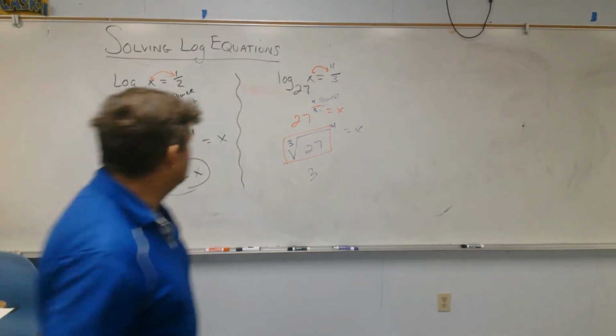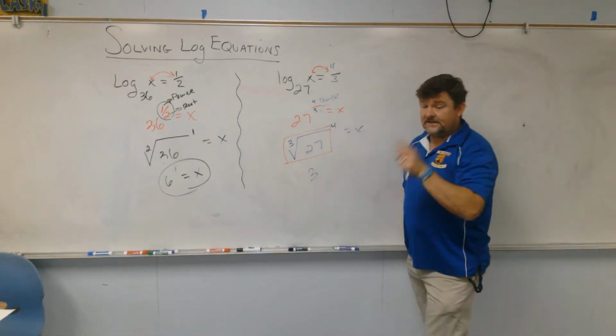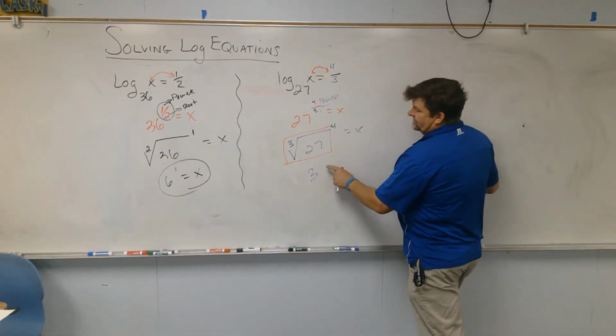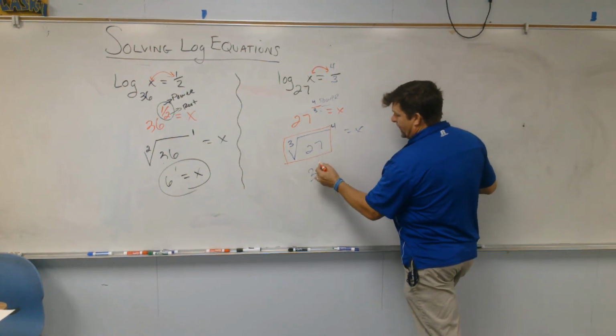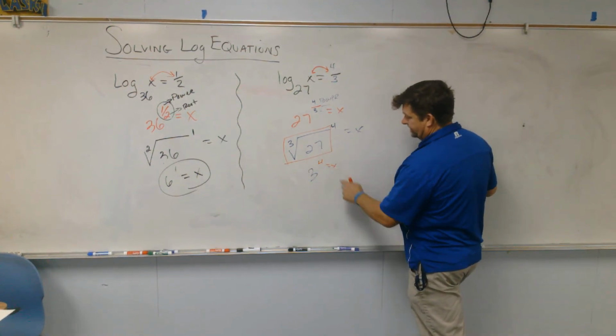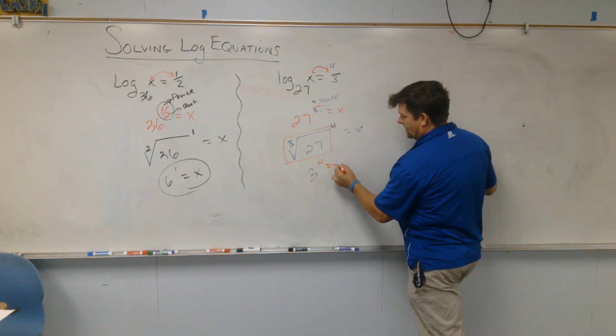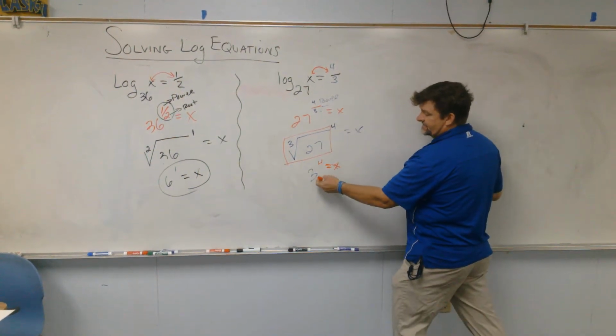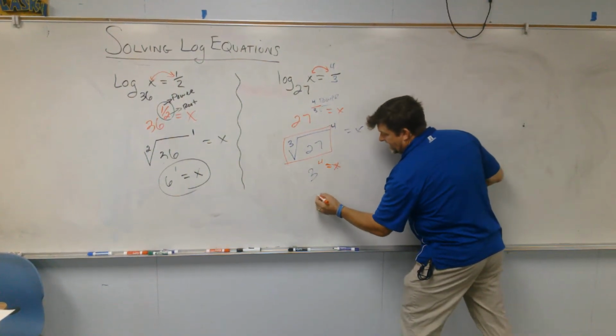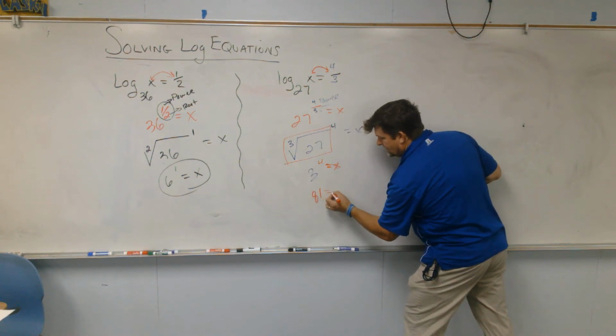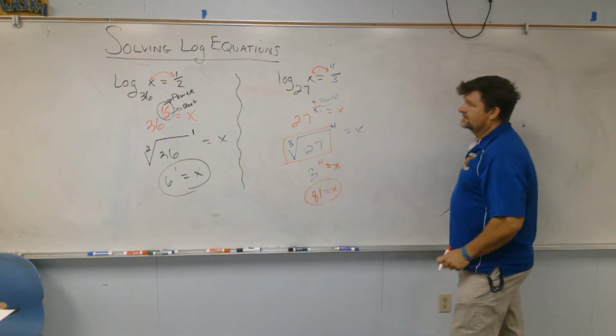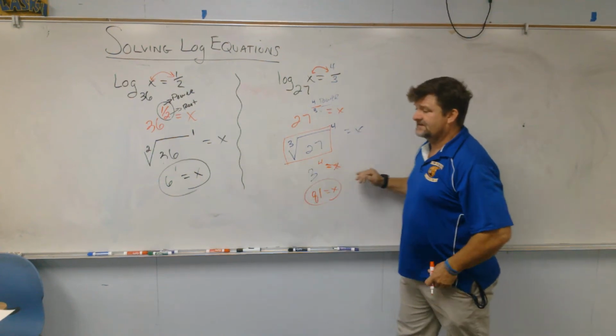This is not number 8. It's like number 8. Okay? So 3 to the 4th power equals x. Now, what's 3 times 3 times 3 times 3? It's going to be 81 equals x. That's my answer. Okay? So that's how you solve the basic log equations.